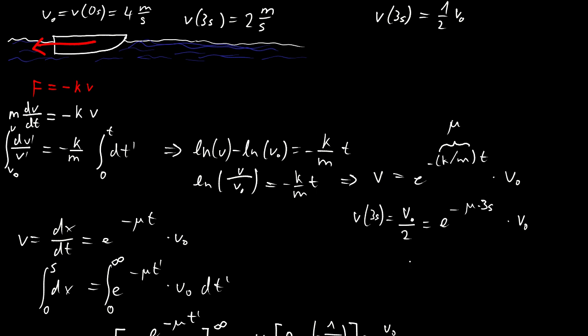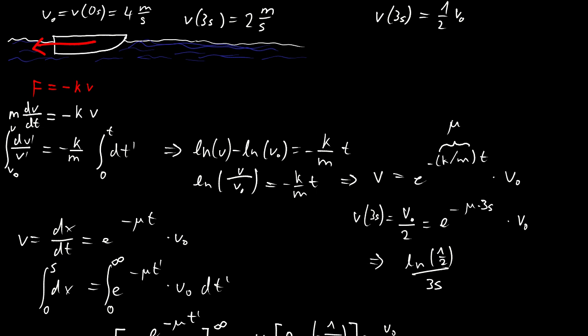Okay, then we need to solve this for mu, and after some basic algebra, if we apply the inverse function of the exponential function, so the natural logarithm, I think we will get something like the logarithm of 1 over 2 over 3 seconds.